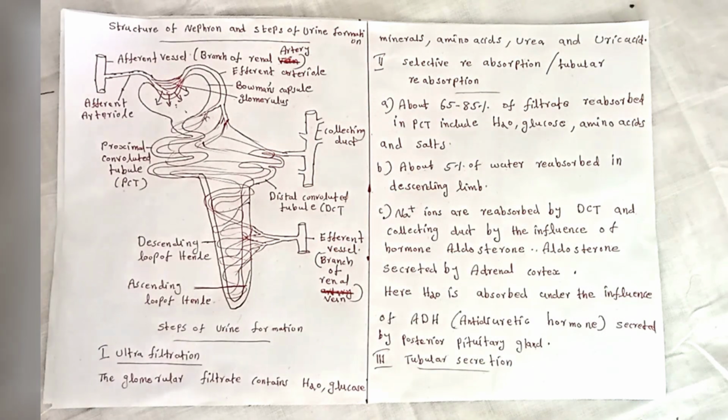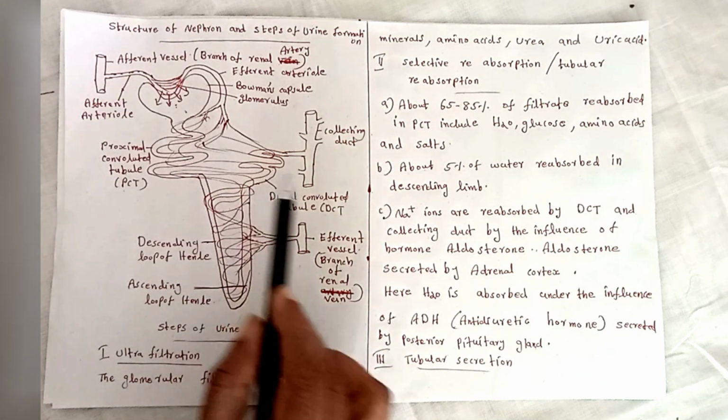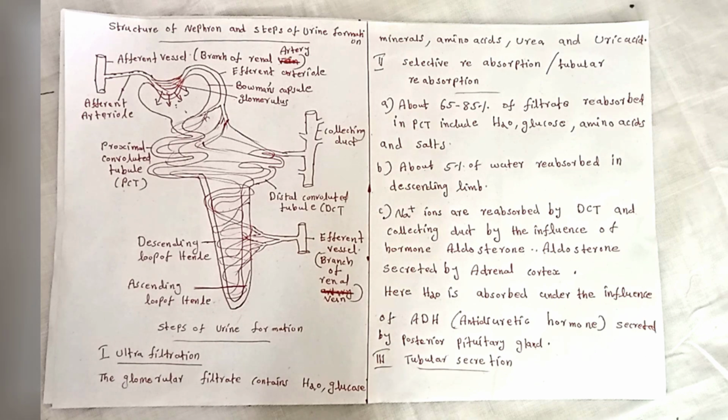Here cells of the renal tubule directly secrete certain unwanted substances from blood into the filtrate that passes through the tube. This includes uric acid, ammonia and potassium ions.